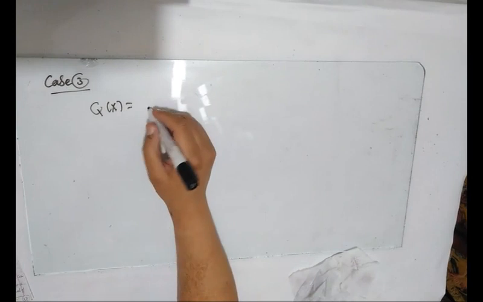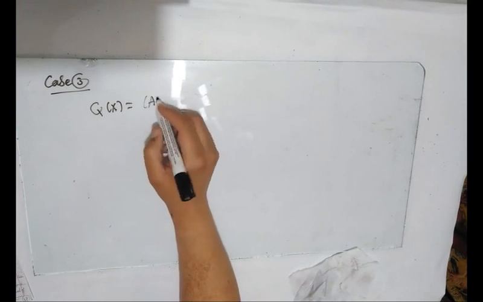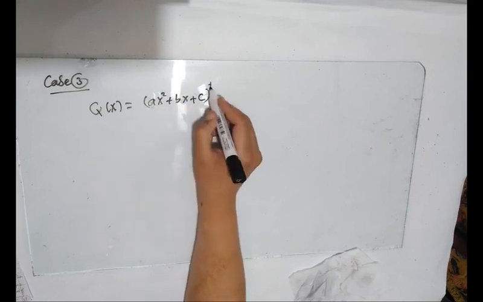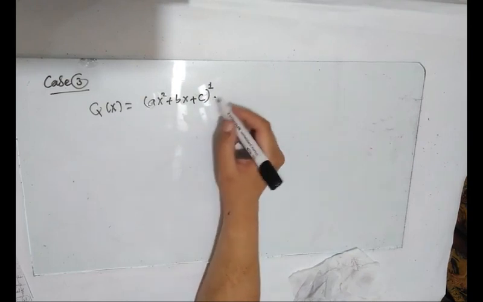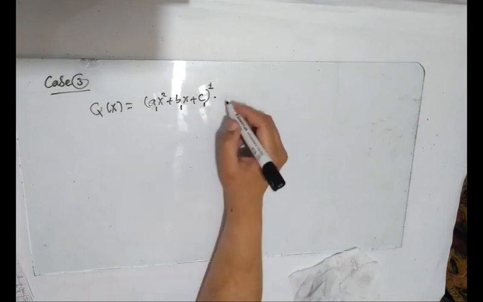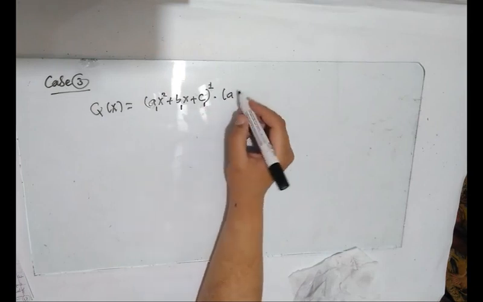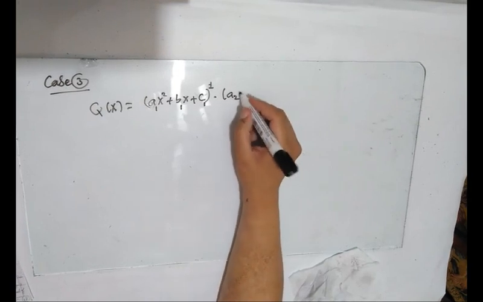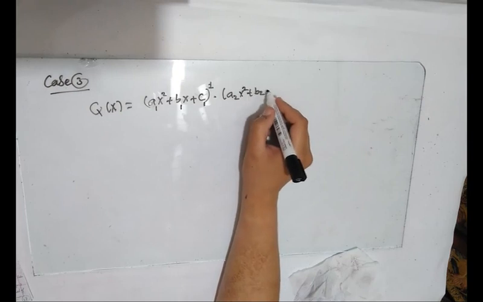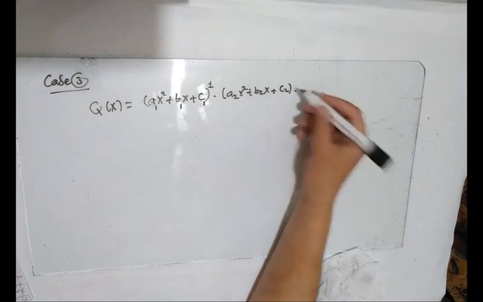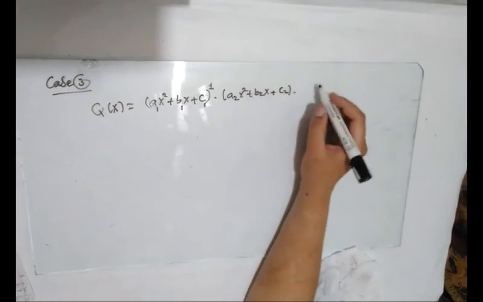So for example, let's say that Q(x) will be like a1x squared plus b1x plus c1, which is in this case raised to the power 1, and maybe you will have another quadratic factor, a2x squared plus b2x plus c2, times other linear factors, or maybe you don't have, so it doesn't matter.